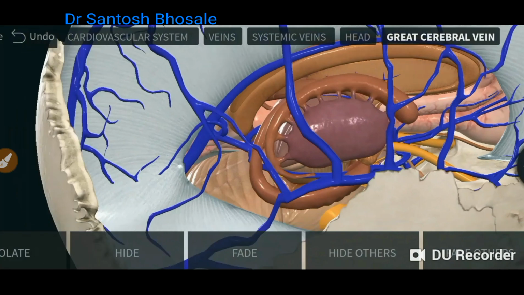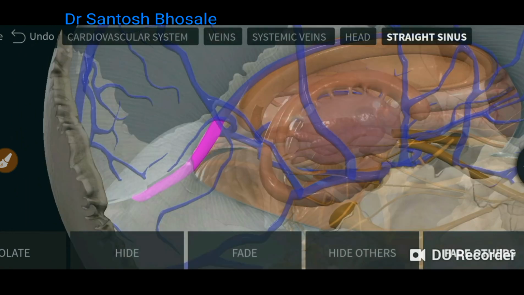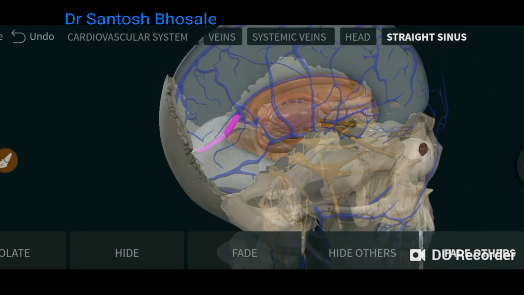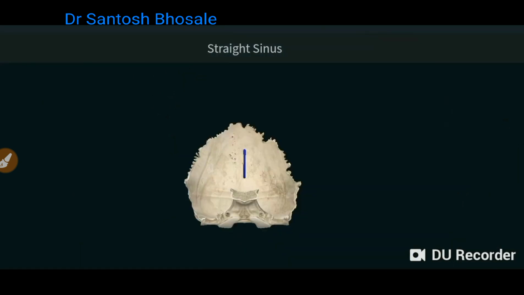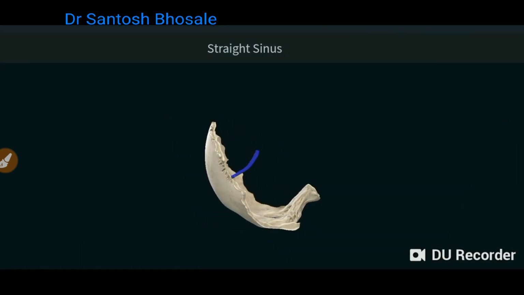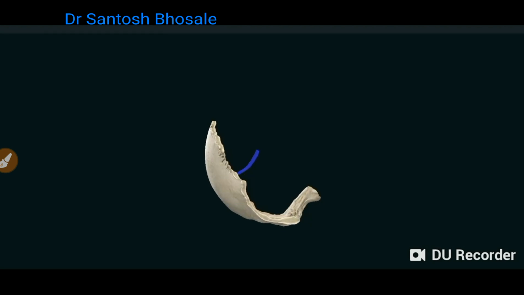along the attachment of the falx cerebri with the tentorium cerebelli, that you can see there, that is the straight sinus. You can make out here, that is the straight sinus draining the inferior sagittal sinus and the cerebral vein of Galen, and the straight sinus usually continues as the left transverse sinus. You can see the location here, it is in the median plane between the falx cerebri and tentorium cerebelli.